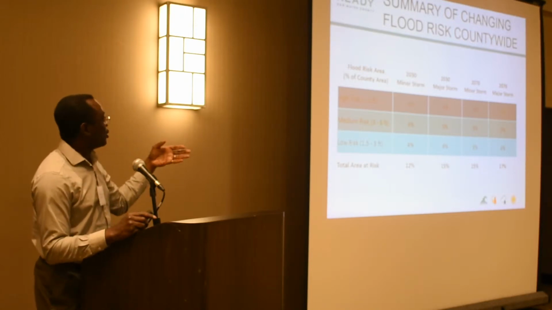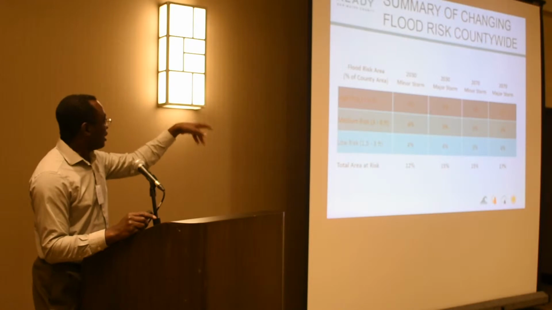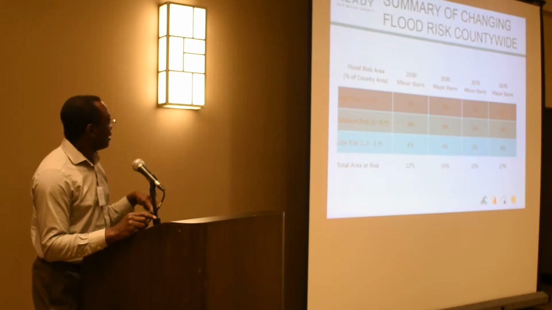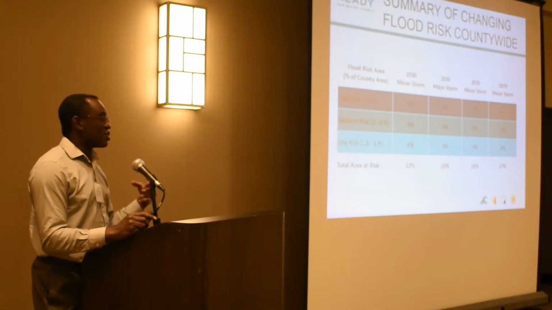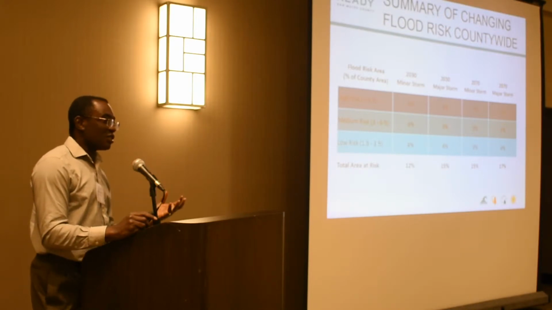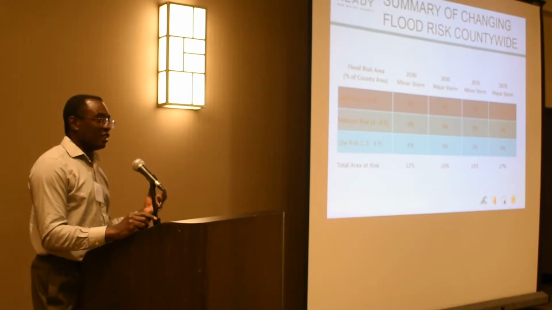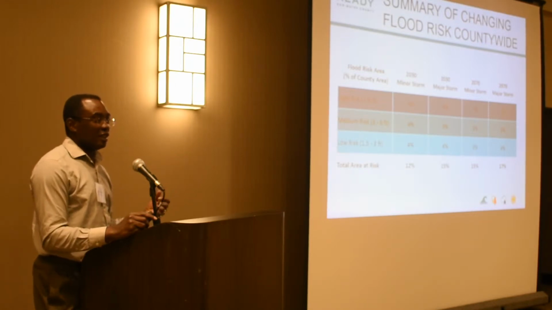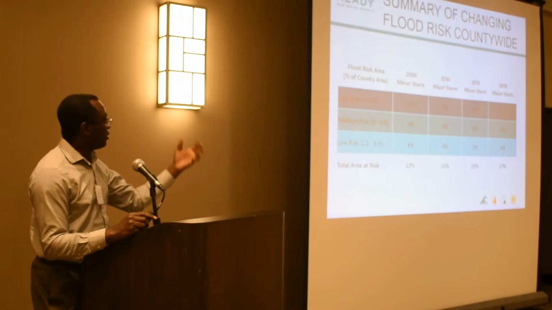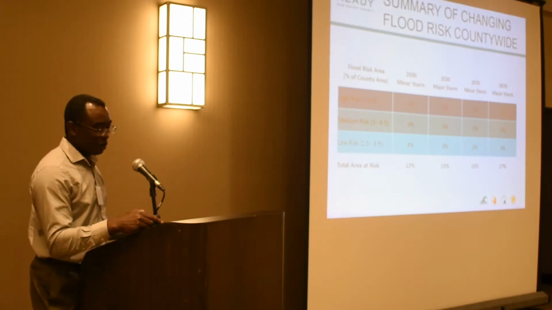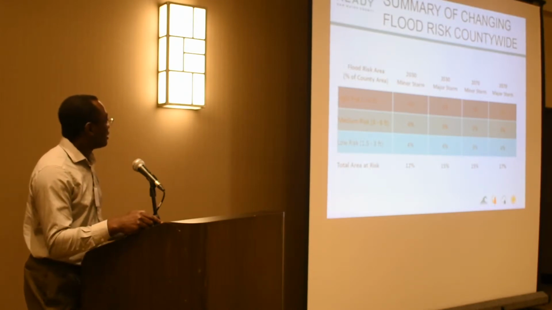The key thing I want to point out is that if you look at the middle two columns, the numbers are pretty similar, which says that the kind of effect we would see under a major storm in 2030, by 2070 we see under a minor storm. So you have an intensification of the type of flooding impacts.